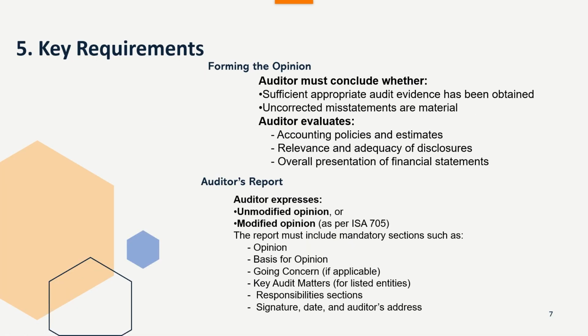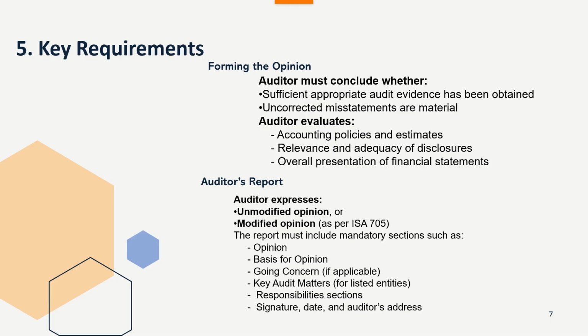What are the basic requirements of ISA 700? Under ISA 700, before forming an opinion, the auditor must consider whether sufficient and appropriate evidence has been obtained, and whether any uncorrected misstatements are material or not.